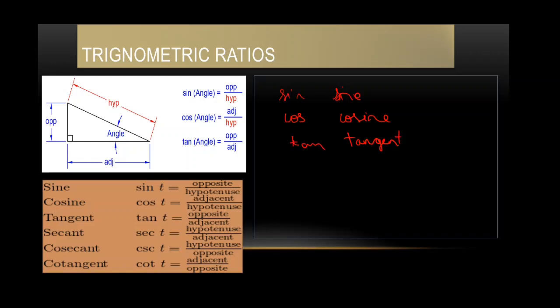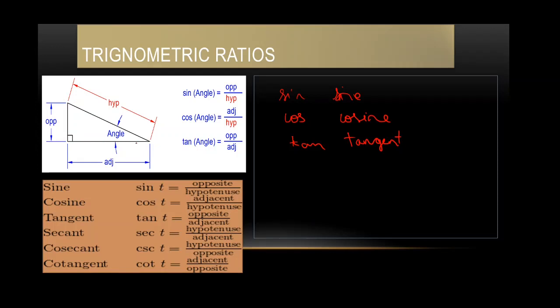Sine is the opposite side by the hypotenuse. So the opposite side of the triangle divided by the hypotenuse gives you the sine. Next, cos is the adjacent side divided by the hypotenuse. Then tan is the opposite side divided by the adjacent.